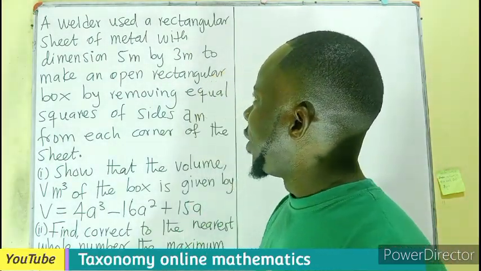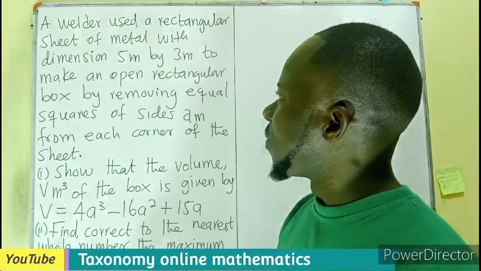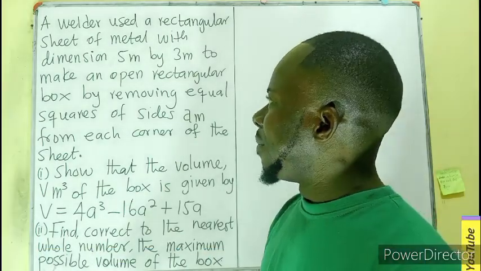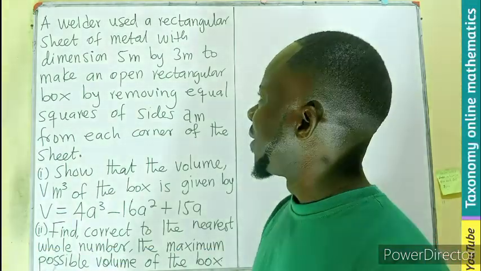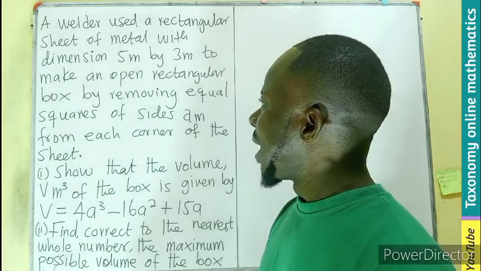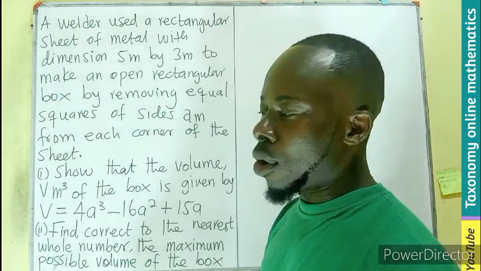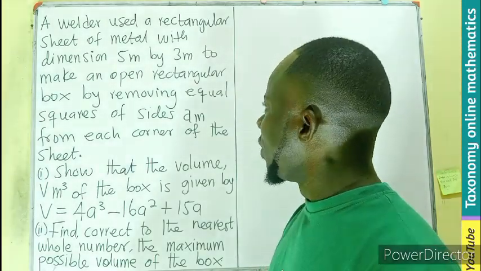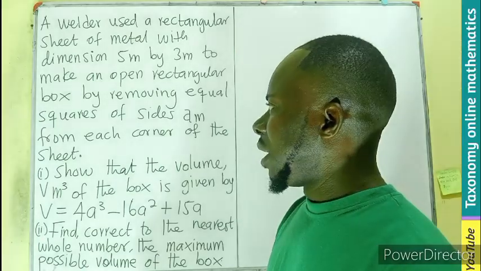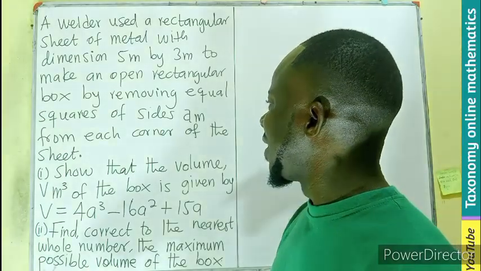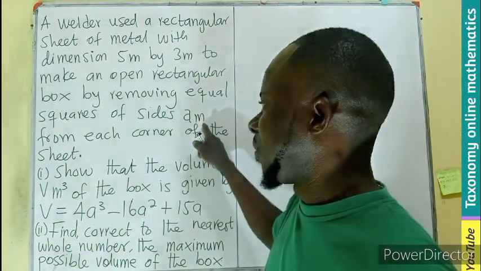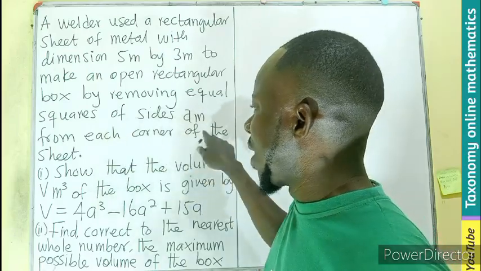A welder used a rectangular sheet of metal with the dimensions 5 meters by 3 meters to make an open rectangular box by removing equal squares of size a meters from each corner of the sheet.